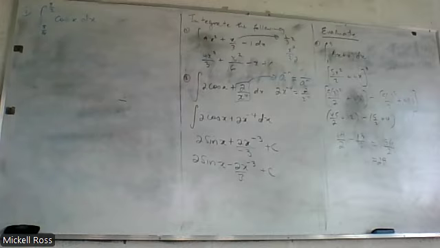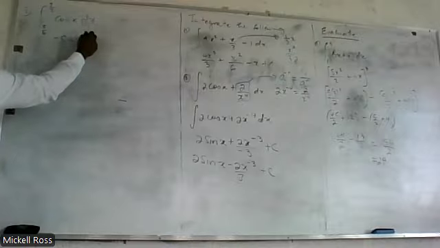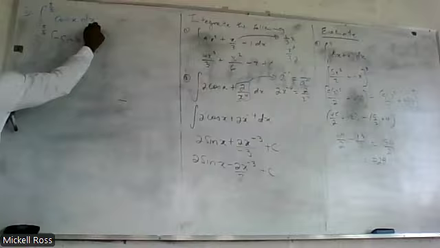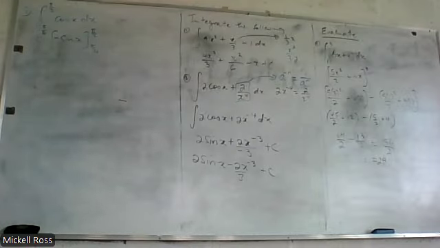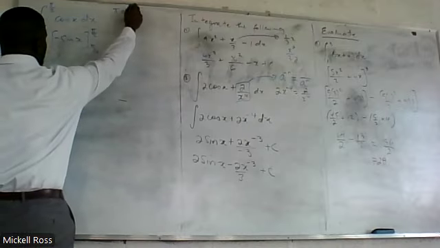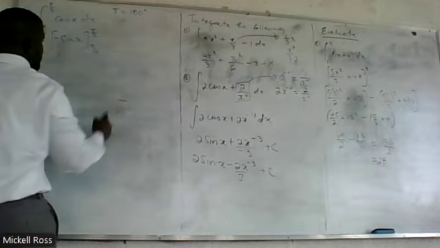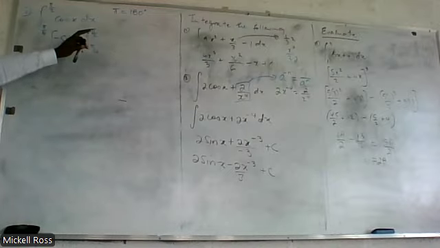Integral of cos, yes. We get negative sine x, and then we're integrating from pi over 4 to pi over 2. Now, because your calculator is not in radian mode, you have to bear in mind that pi is equal to 180, because you're going to put in the degrees in your calculator and not pi.